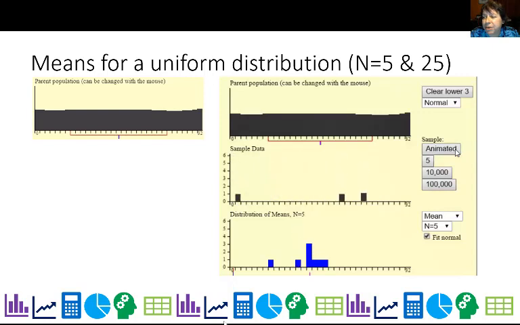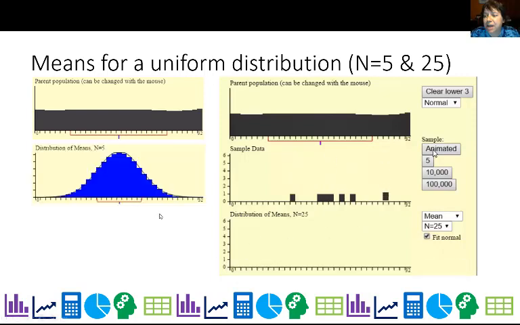Well, we can keep doing this, or we can speed it up and get a bunch more samples. And here's 10,000 and 100,000. So once you start taking a lot of samples, you see that the shape is actually pretty normally distributed.